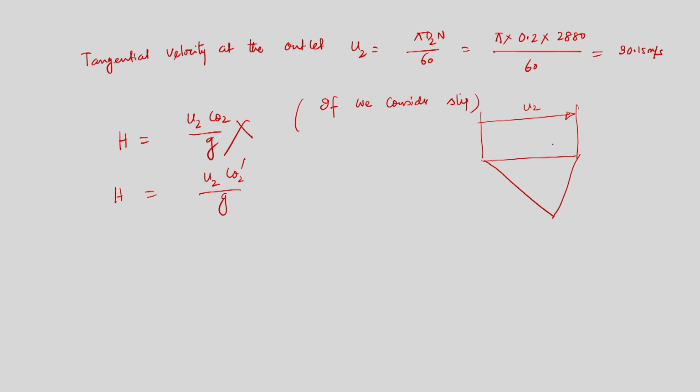This is U2, this is C2, this is C2 prime, this is C theta 2 prime, this is Vs, and this will be the actual C theta 2 component, and this angle beta 2 is given.